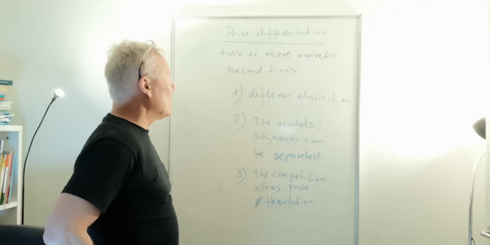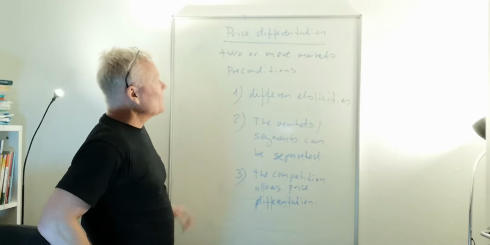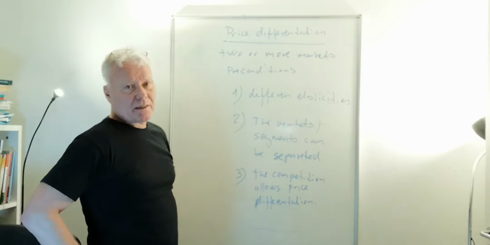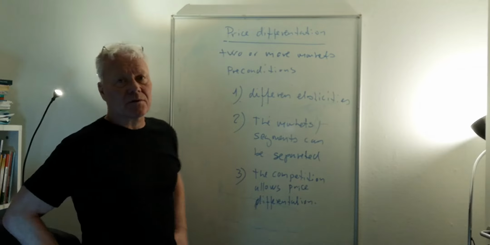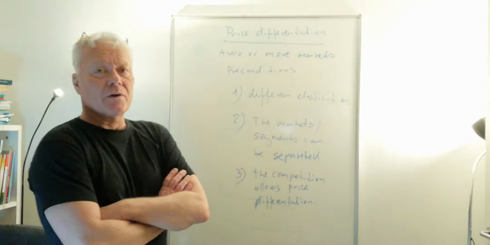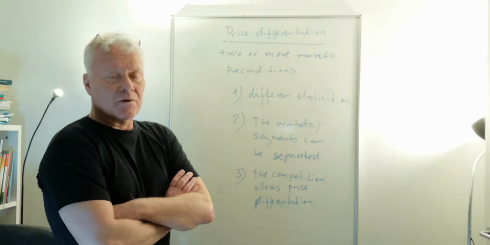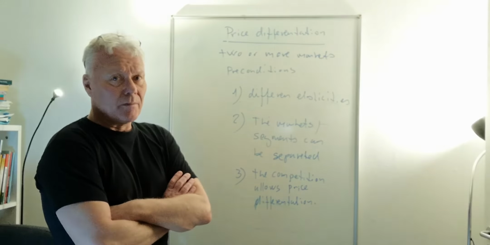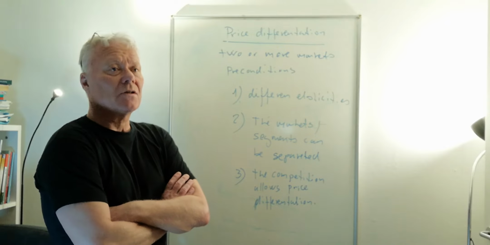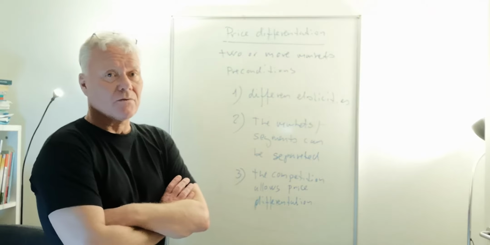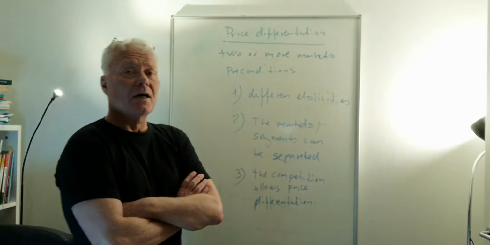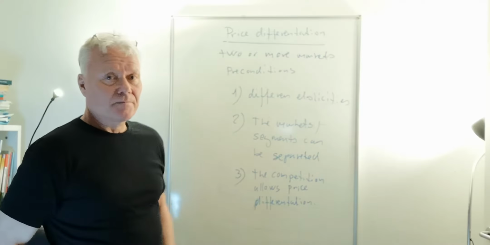There might be more, but you need to have two or more markets. Most of the examples that we have, we only have two markets, but there's no reason why you couldn't have three or four markets. The procedure of how you do it, or the concepts for finding out the optimal price, is exactly the same.